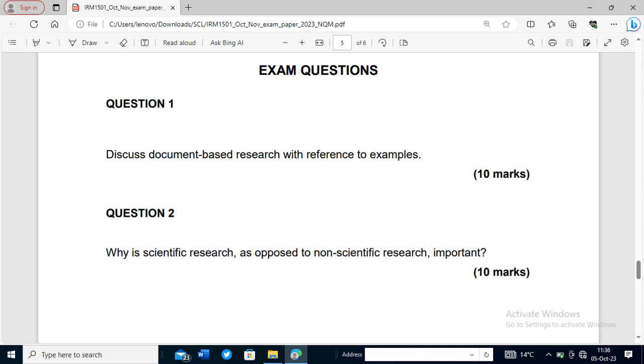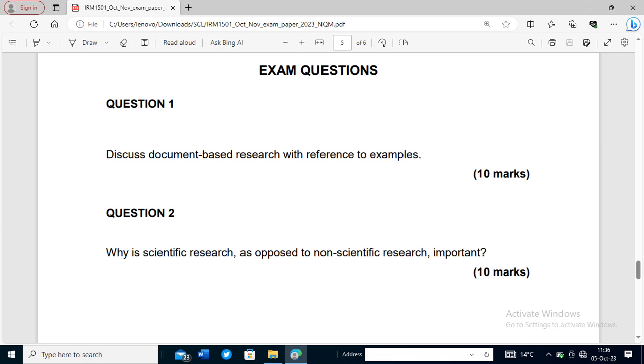Question 2: Why is scientific research, as opposed to non-scientific research, important? For this one, if you go into your study guide 1.3 on page 4 and page 5, I do believe that you'll be able to answer that question.